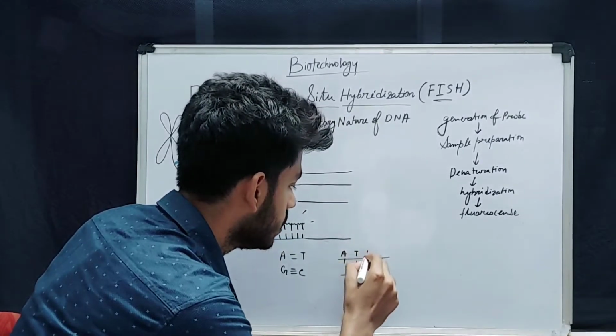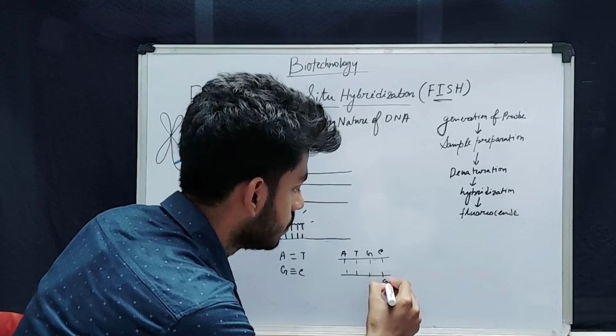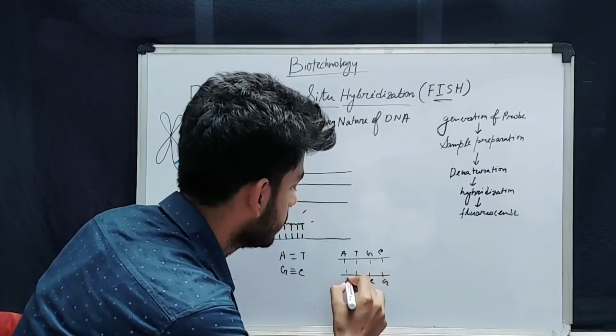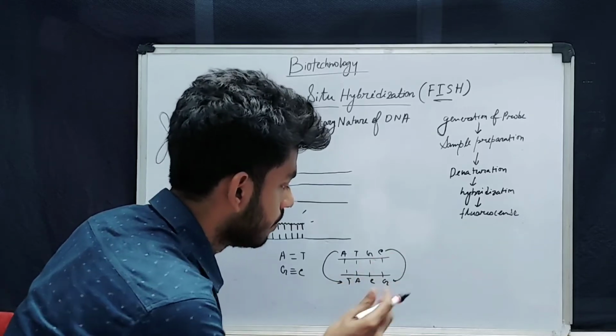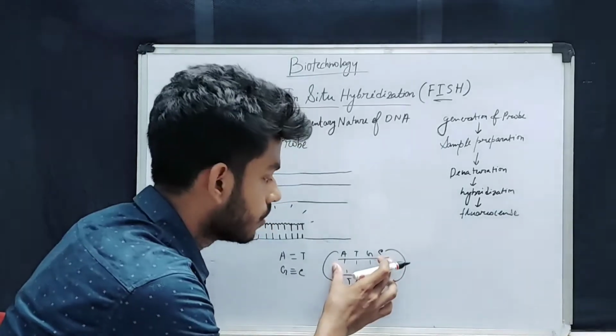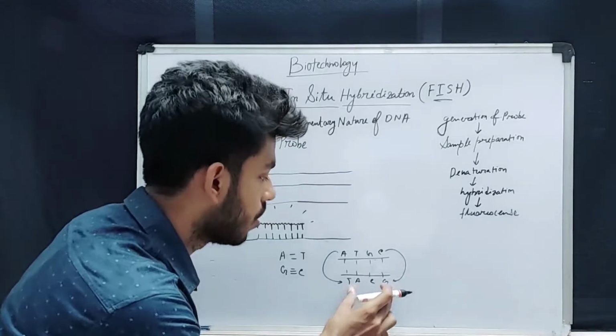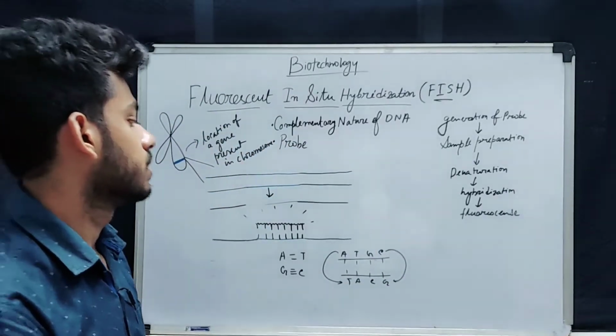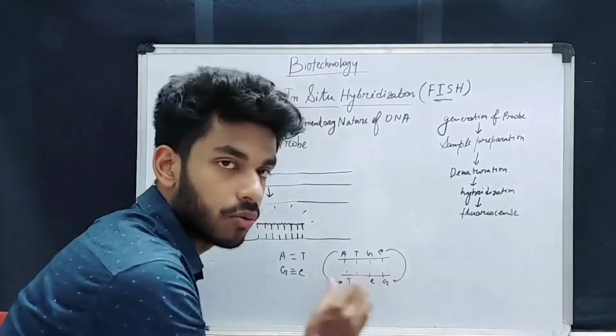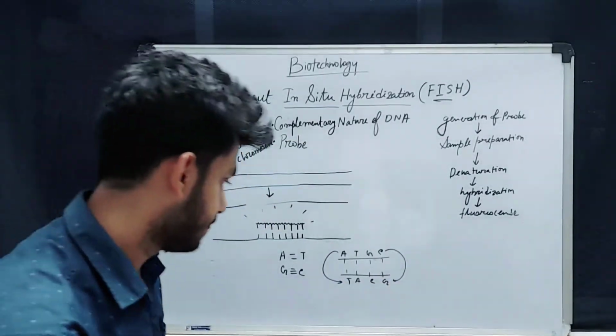Suppose this is A, T, G, C, and this will be G, C, A, T. So this strand will be complementary to this strand, or vice versa. Now you understand the complementary nature of DNA.